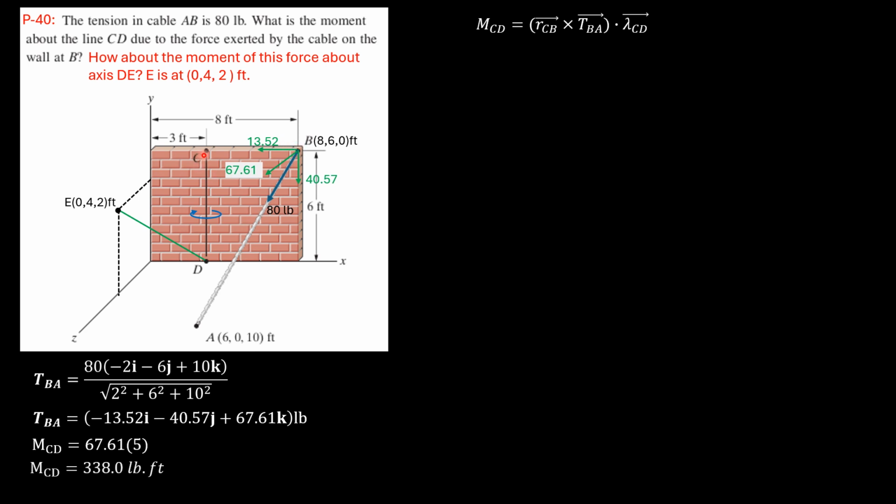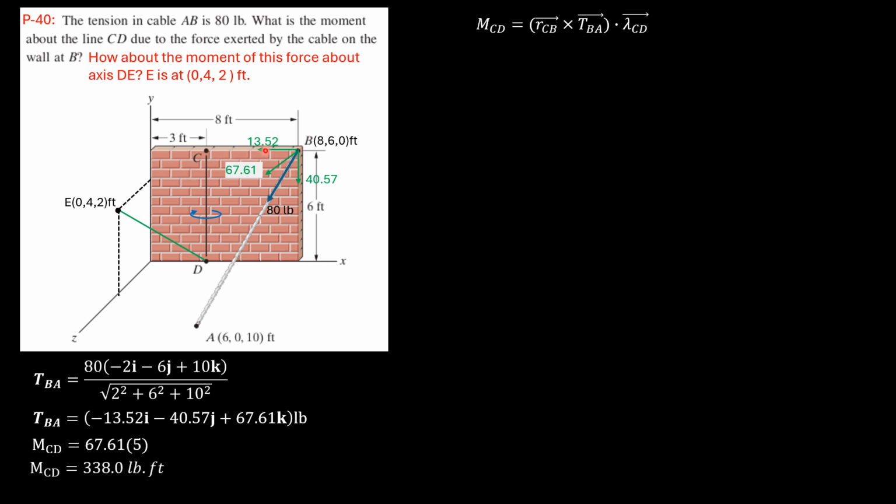Take note that you can also select R_DB if you want, but if you choose R_DB, there will be two components of R_DB. But if we choose R_CB, anyway, this is a point on the line of action of the axis, and this is the point where the force, the tension, acts.